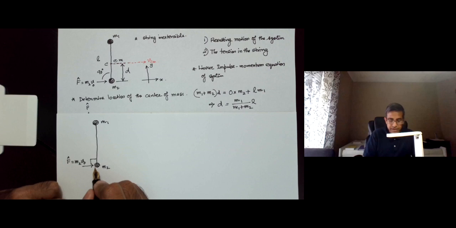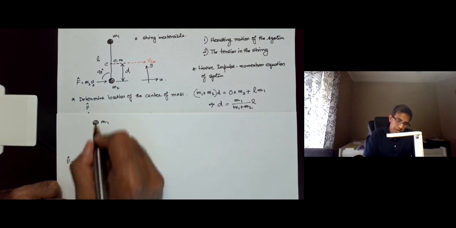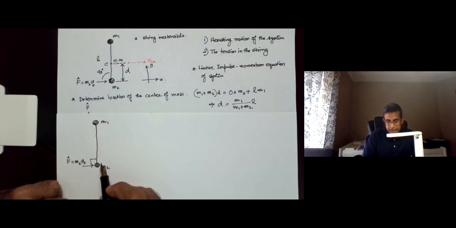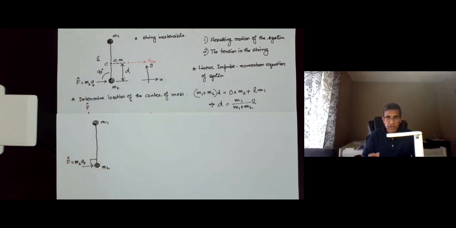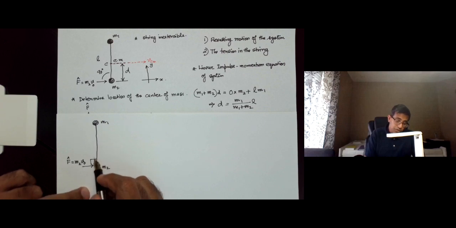So in order to do that, we note that when the impulse acts on this m2, and I have shown that the direction of the impulse is perpendicular to the string, because it is an inextensible string, and a string cannot transmit forces in the compression direction. So strings cannot be compressed. They can supply forces when in tension, but this impulse is perpendicular to this string at this instant.